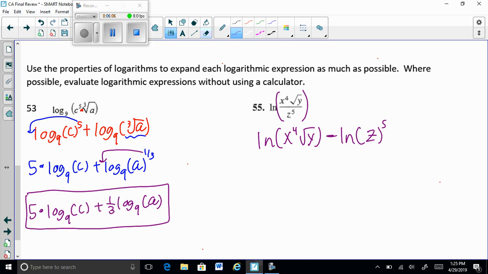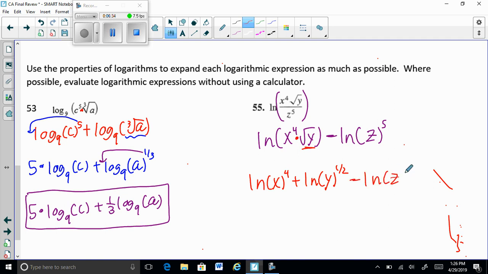So we'll go ahead and break this apart, and then we can deal with the exponents. I'll go ahead and convert that to a power of 1/2 also. So I'm going to do 2 steps at once. So we're going to start by doing natural log of x to the power of 4 plus natural log of y to the power of 1/2. It's going to save me an extra step. Then I do have the minus natural log of z to the power of 5.